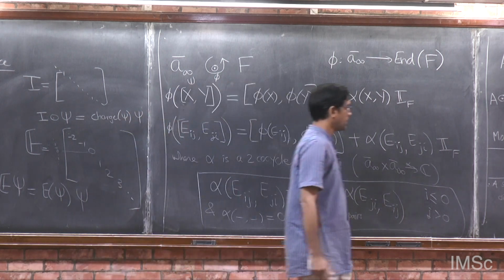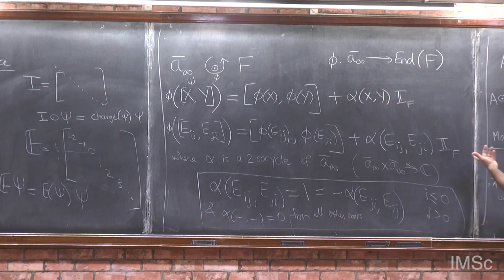So what does that mean? It says that this is not quite an action of the Lie algebra A bar infinity. It's what's called a projective action. It's off by a certain scalar, or in order to make it a proper linear action, you have to construct the central extension of A bar infinity.